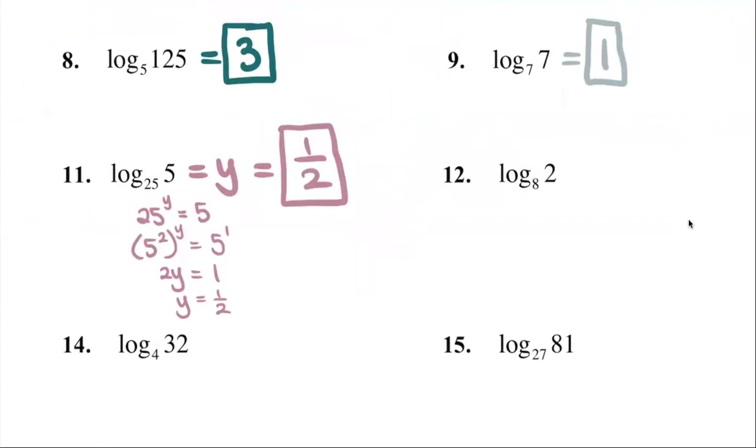Let's go to Maddie. All right, Maddie, what do you think? Number 12. Is it 1/3? Nice. Good job. How did you know that though? Explain, because some people are like, wait, what?